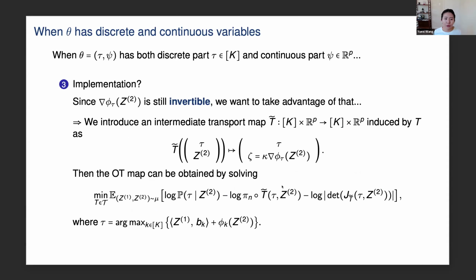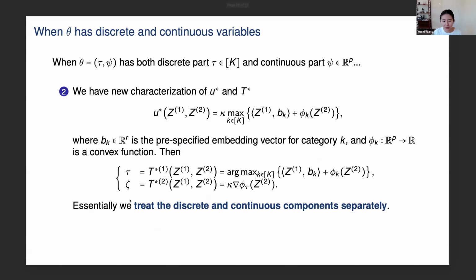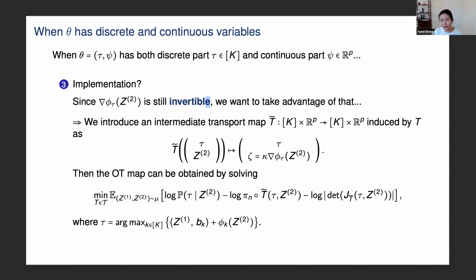And the third step is how to implement the KL loss, since we no longer have an invertible map. One observation you probably noticed from the previous step is the second part of the map, where, given the latent variable, I map the second part of the reference distribution to my continuous component. Essentially I'm mapping continuous to continuous, so this part of the map is still invertible, and we want to take advantage of that.